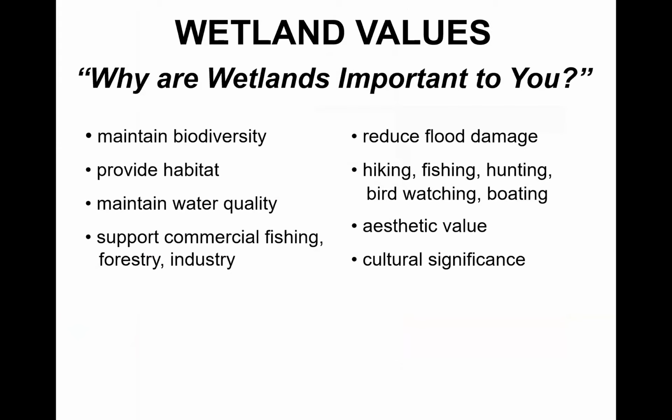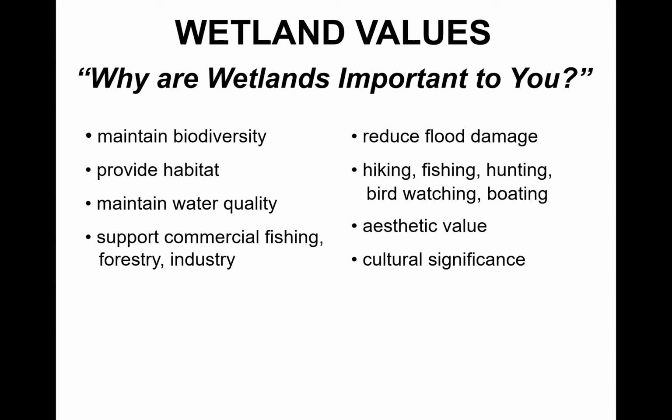There's this overlay on top of functions, and that overlay asks the question, why are wetlands important to humans? And wetlands are important to humans for lots of different reasons, reflecting the diversity of human interests. For example, we're interested in wetlands because they reduce flood damage. We're interested in wetlands because we like to hike or fish or hunt or bird watch or boat in wetlands.